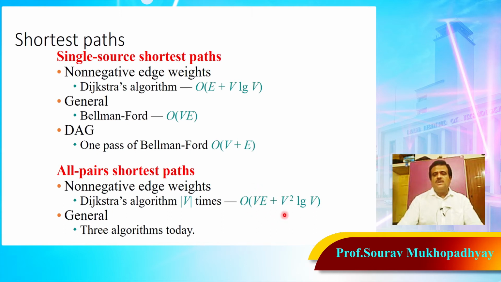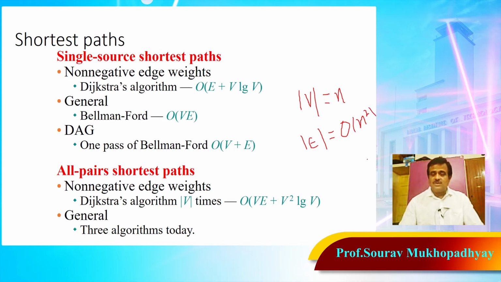If the size of V is n, that means if there are n vertices, the cardinality of the vertex set is n, and then E is order of V square. The cardinality of E is basically big O of n square, and it is big omega of n because of a connected graph, and this is the complete graph.